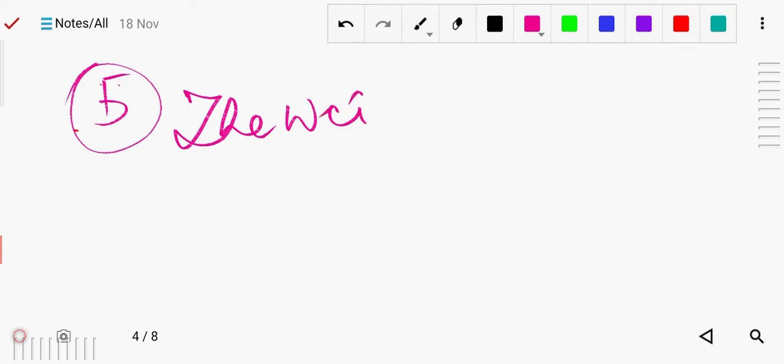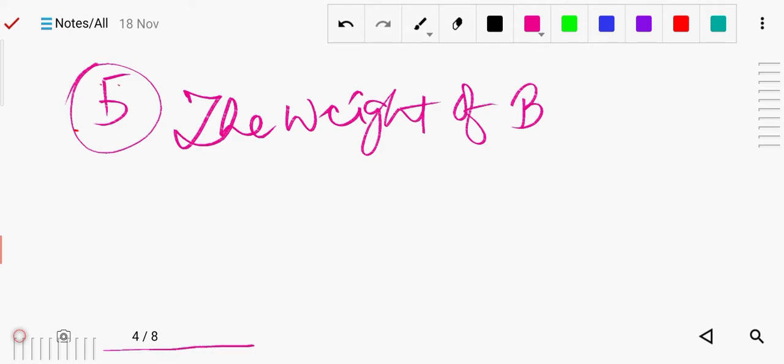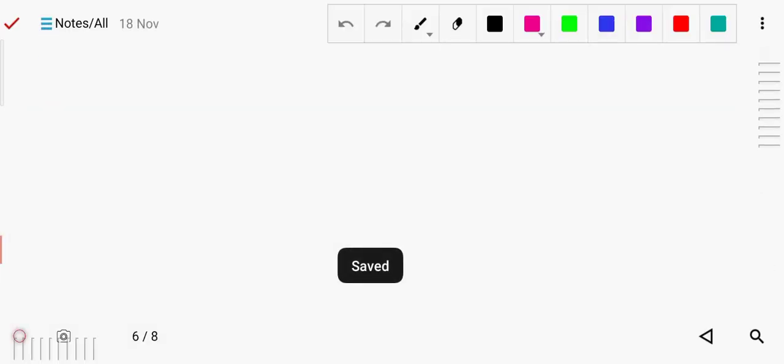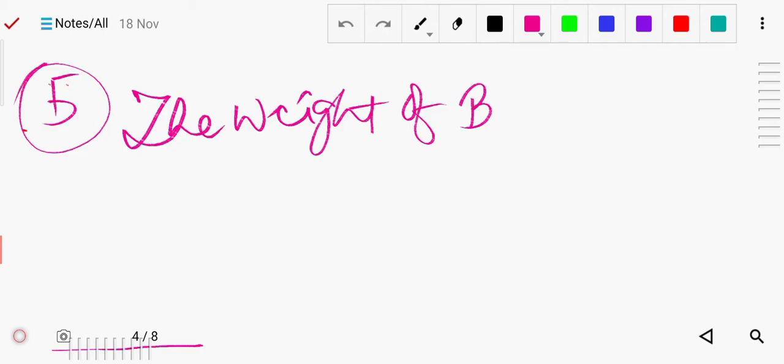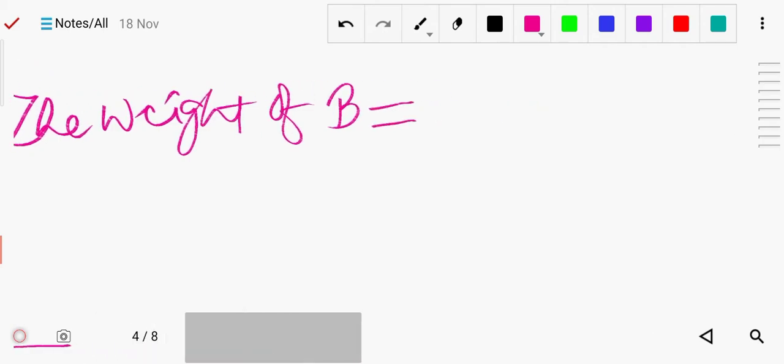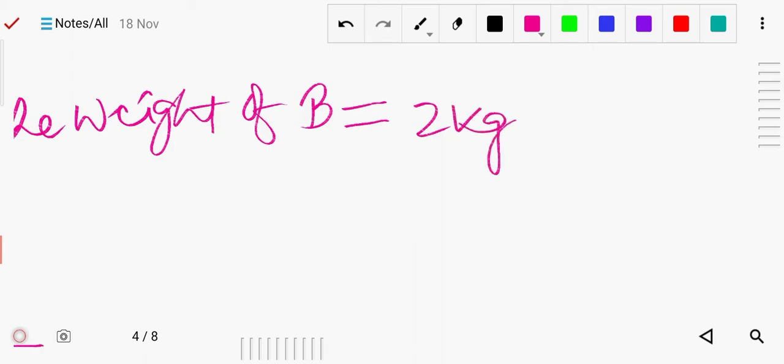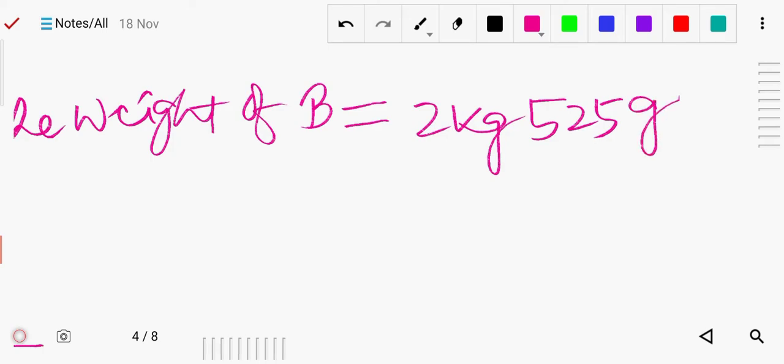Number 5. So first of all we have to find the weight of B. So the weight of B is equal to 2 kg 525 gram, and 2 times means we will multiply it by 2.